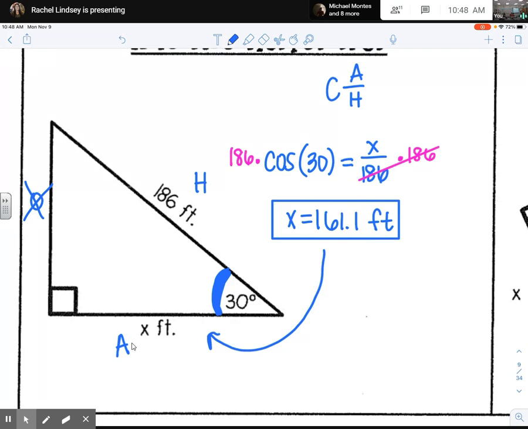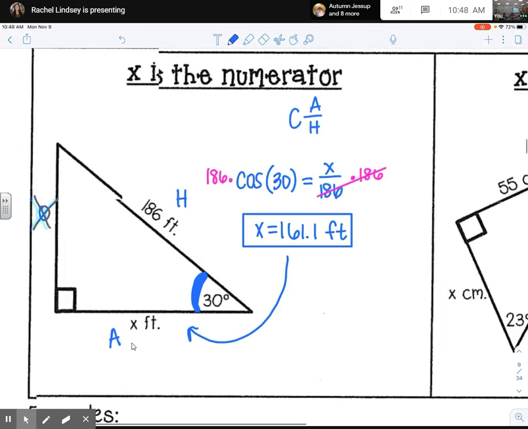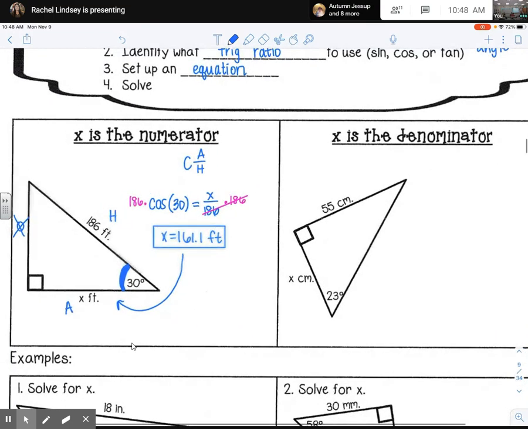So that's basics of solving for a missing side. But that's when you have x in the numerator, so x is in the top. When x is in the denominator of the ratio, you have to do a little bit different work. You can't just multiply by both sides. So, looking at the second one right there that says x is in the denominator, I have 23 as my angle, and then x, is it opposite, adjacent, or hypotenuse?